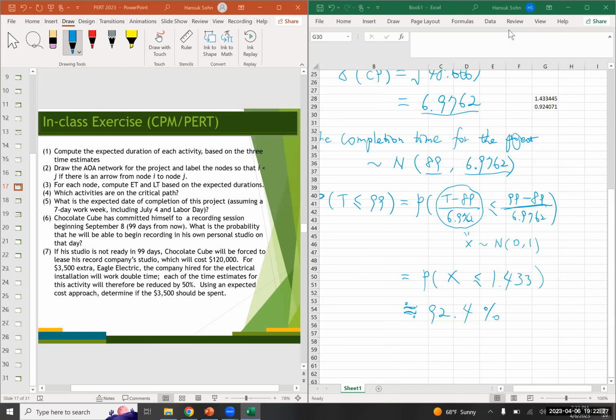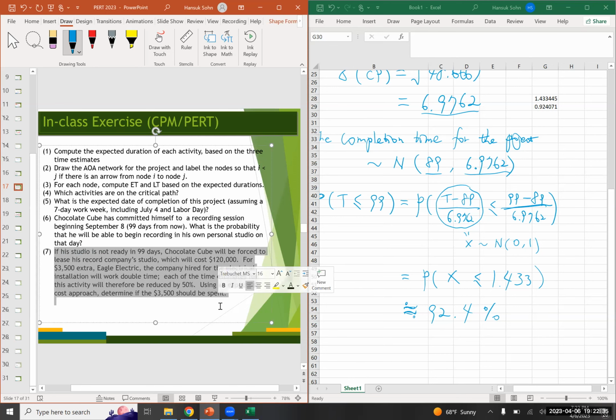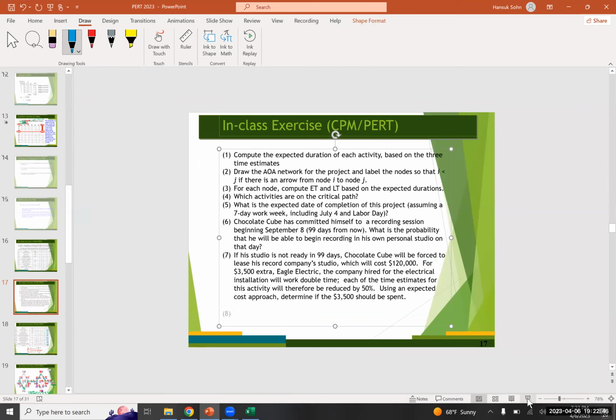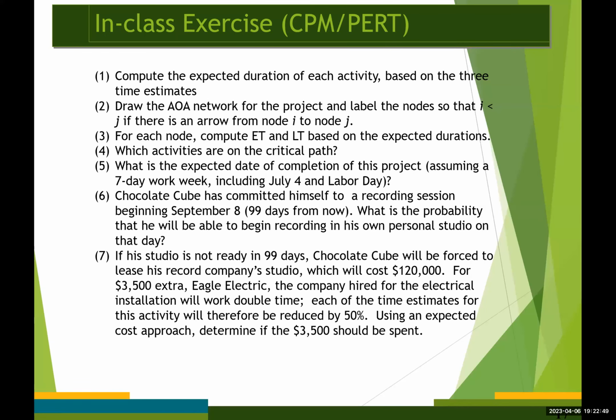Okay, now we are ready to answer the last question, question number 7. Okay, so if his studio is not ready in 99 days, then the chocolate cube will be forced to lease his record company's studio, which will cost $120K.